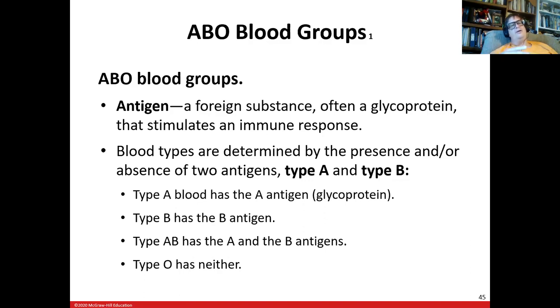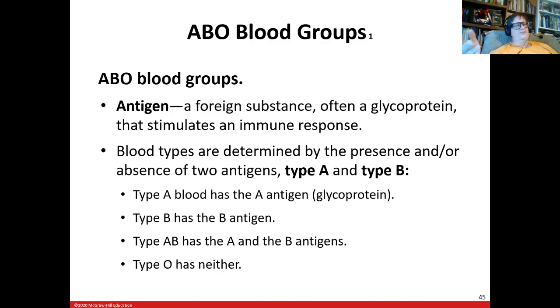You might have one, you might have the other. You might have both, and you'd be type AB. And then you might have a situation where you don't have any. That's type O. Type O doesn't have any of those. Doesn't mean it doesn't have any of the other 38 proteins for the other systems.